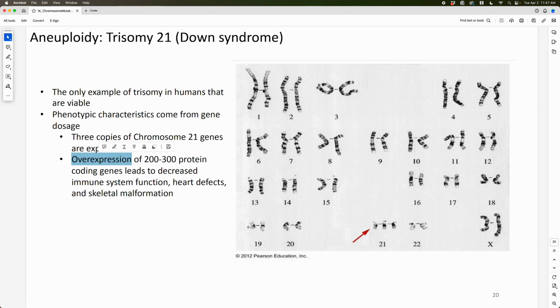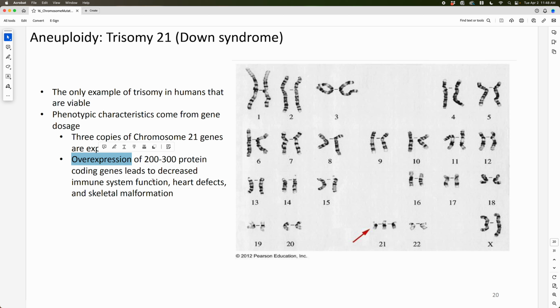Trisomy refers to the fact that this aneuploid individual has an extra copy of chromosome 21. And because typically we have genes that are expressed from alleles present on the paternal and the maternal copy of chromosome 21, when you have an extra copy, those alleles are also expressed, leading to an additional dose of these 200 to 300 protein coding genes. These genes have a wide range of effects.